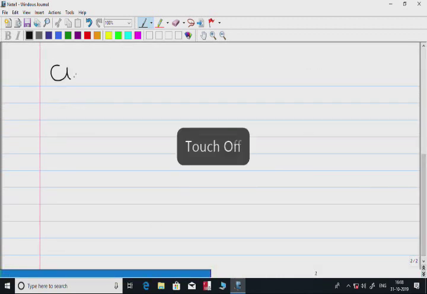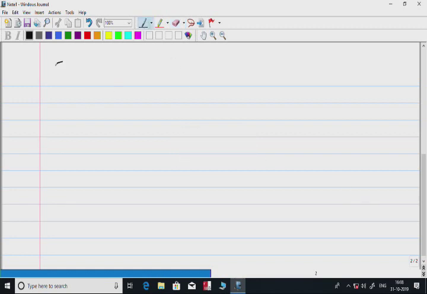I have given you ClO4 minus. So the arrangement for ClO4 minus is like this. Look at this.